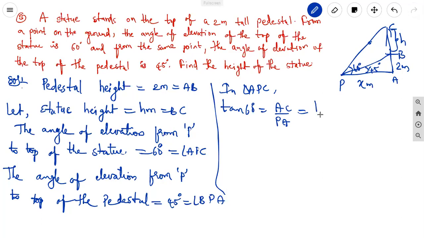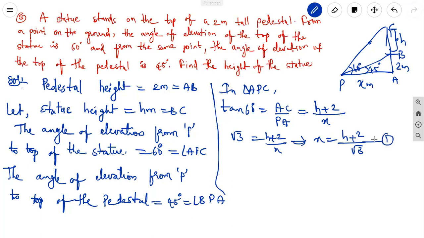AC is equal to statue height plus pedestal height, by PA, which we can take as X meters. But we know that tan 60 value is root 3. Root 3 is equal to H plus 2 by X. From this, X is equal to H plus 2 by root 3.